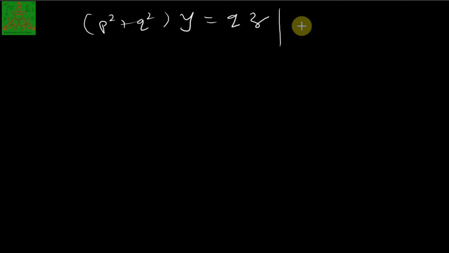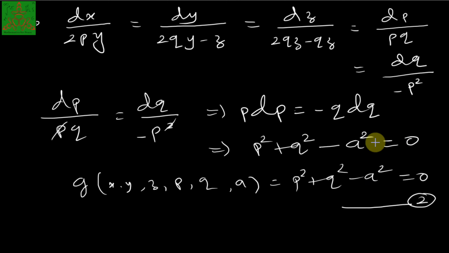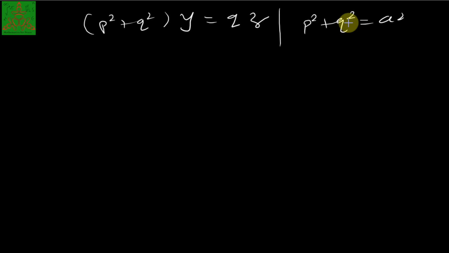And the other equation, g: p² + q² = a². Now p² + q² is a², I will substitute that value here, that gives me the value of q. So it is ay = qz. So the value of q is ay/z.